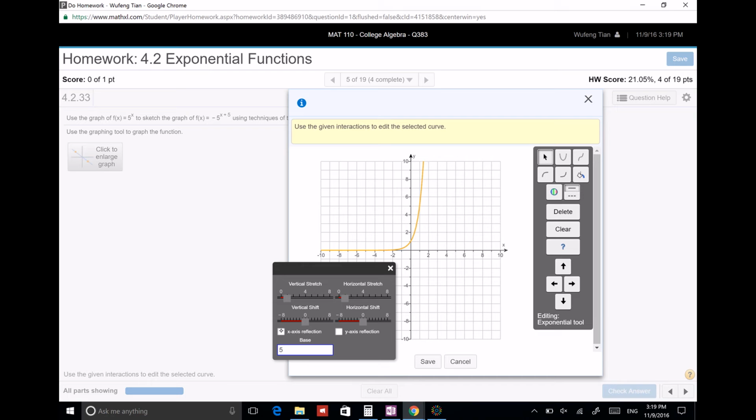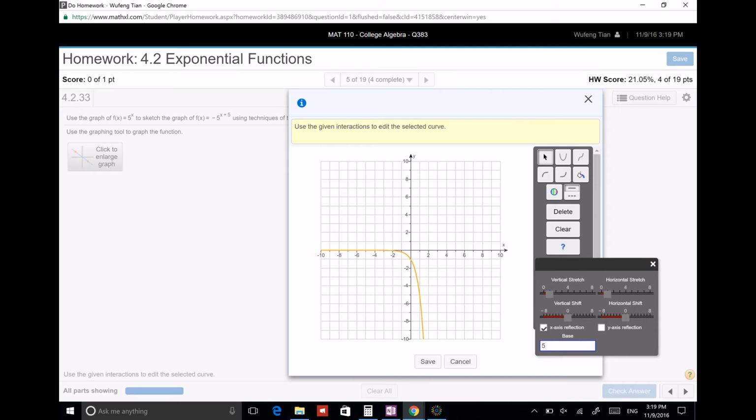So the x shifts to negative 5, and then the reflection across the x-axis.